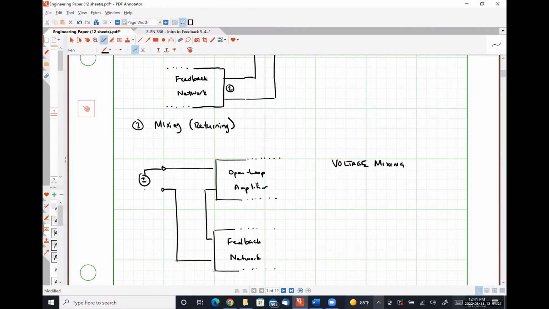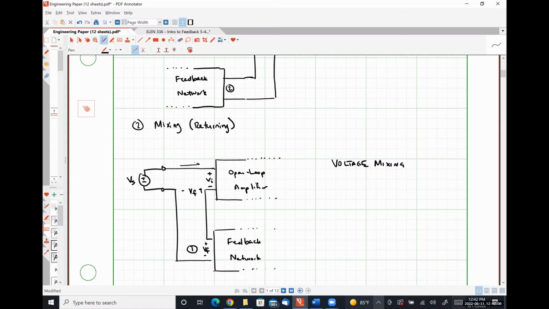Here is our input voltage signal, right? This quantity right here, VI, is the input signal across the terminals of our open loop amplifier. And then this voltage right here is our feedback voltage, where this is port 1 of our feedback network.